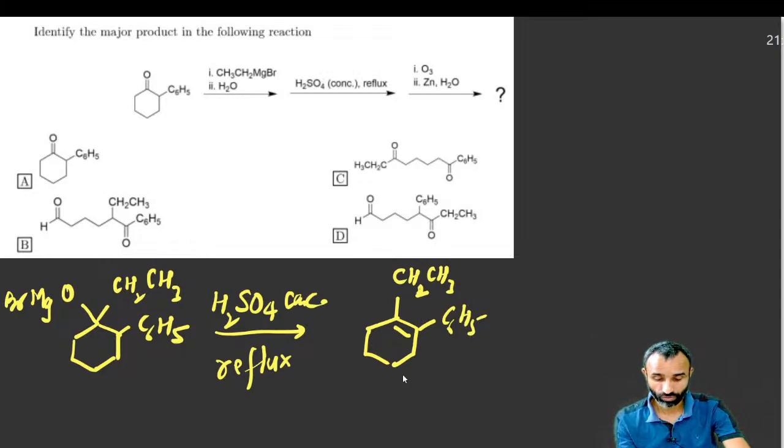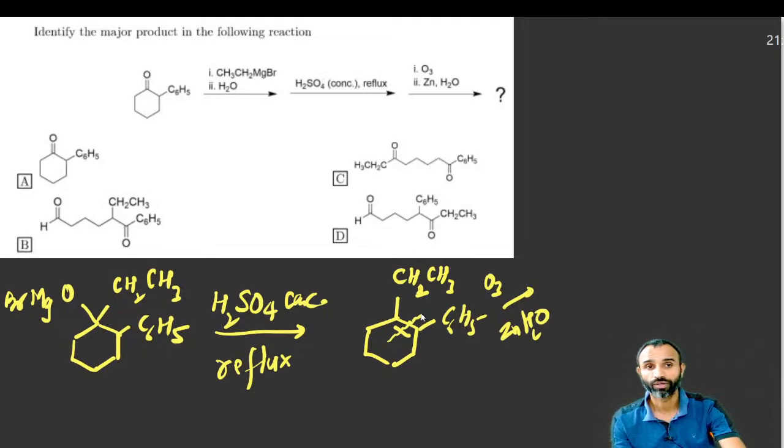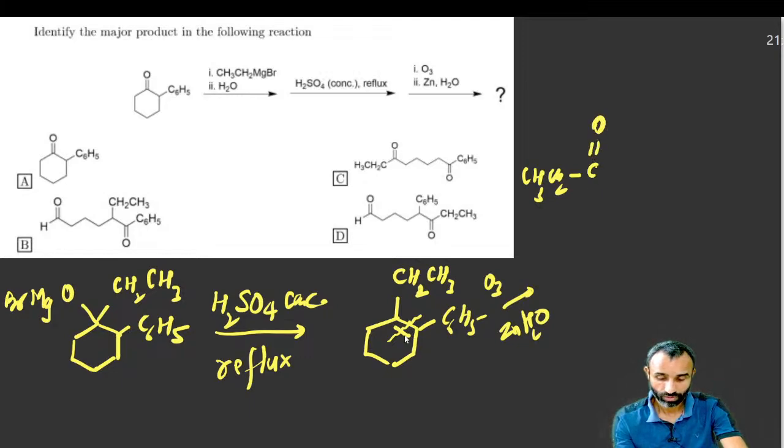So now when reductive ozonolysis takes place, you know this double bond breaks. So we get CH3, CH2, C double bond O. Yes. Then 1, 2, 3, 4.